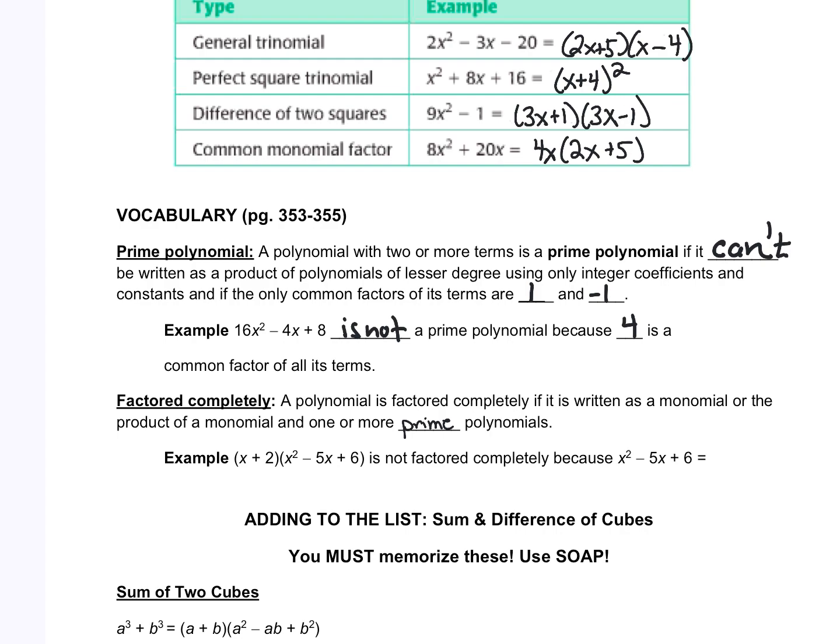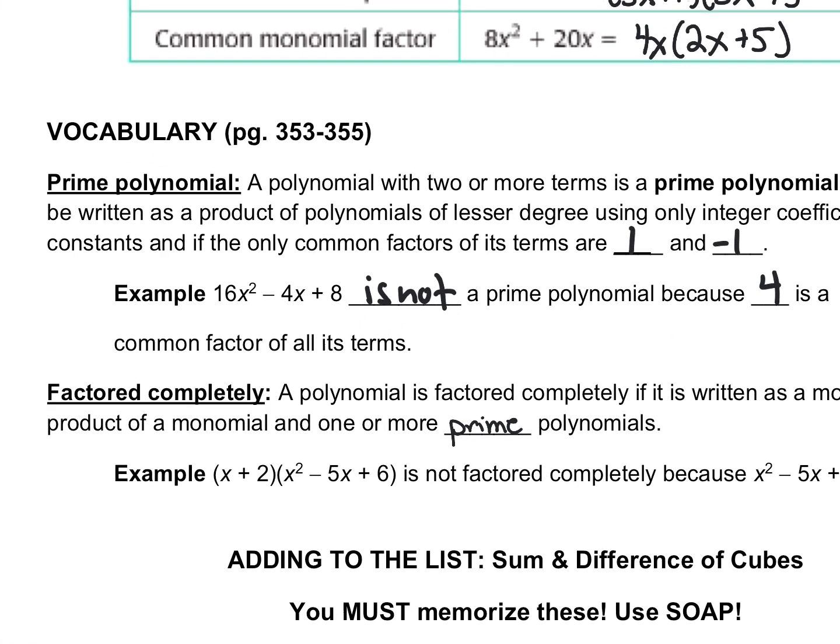So let's talk about a for instance here. Our for instance is the polynomial 16x squared minus 4x plus 8. It's actually a counter example when I think about it. This particular polynomial, again, a polynomial is just an expression that has many terms, is not prime because each of these terms is divisible by 4.